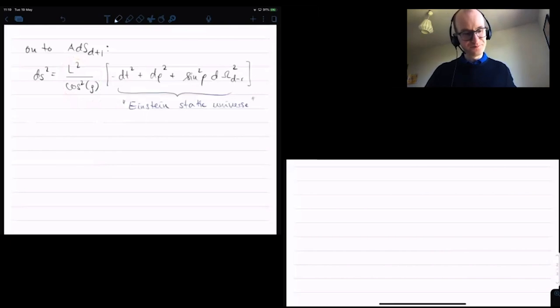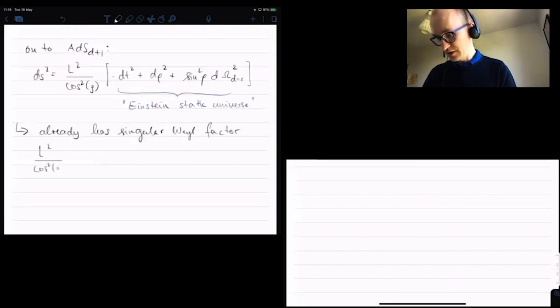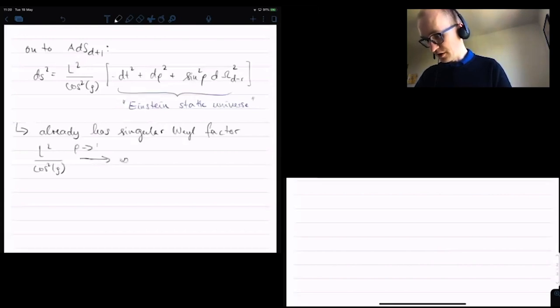So this already has, if you want, the singular Weyl factor, which is L squared over cosine squared rho. Of course, the important part is just the cosine squared rho, which has a pole as rho goes to pi over 2.